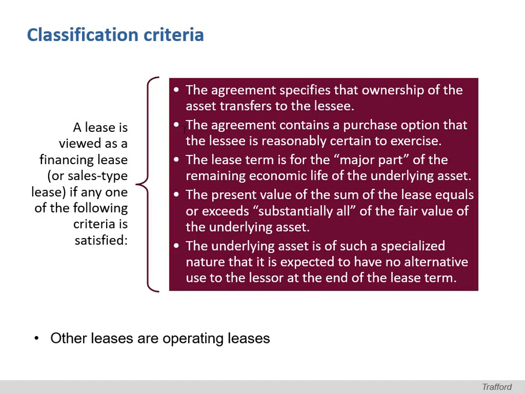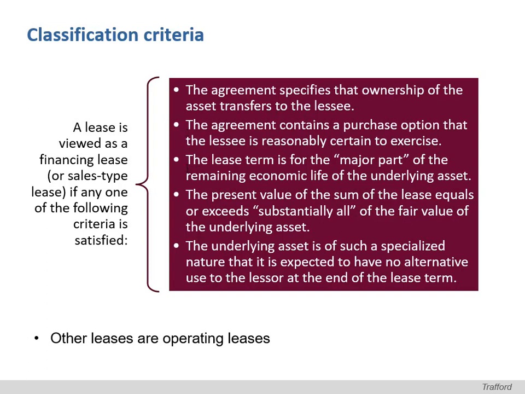Similarly, this next bullet says that if there's a bargain purchase option in the lease, so we're talking about a situation where at some point during the lease term the lessee is offered a chance to buy that asset and the purchase price is low enough that it's reasonably certain the lessee will buy that asset, well then that's basically the same situation as in the first bullet here. So once again, we would call that a financing lease.